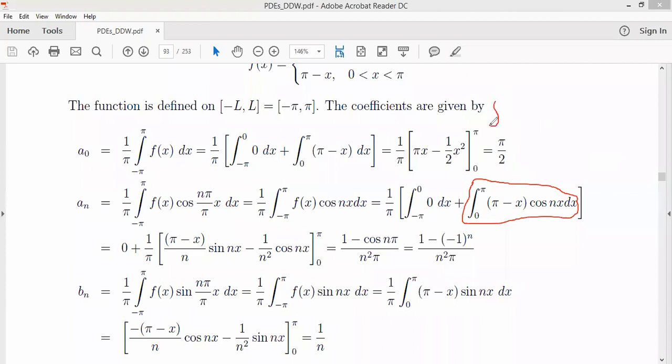We know that the integral of u dv is equal to uv minus the integral of v du.